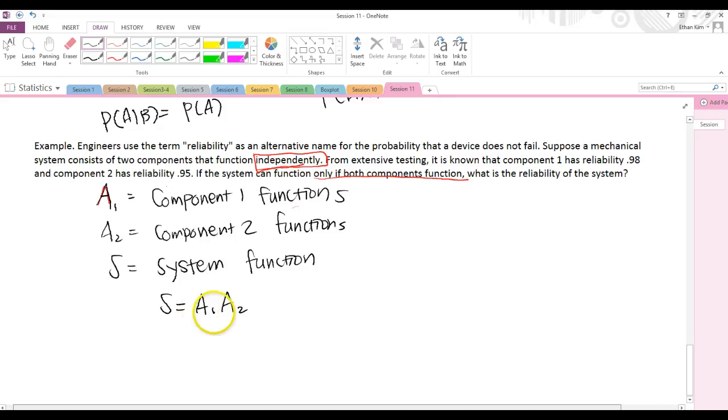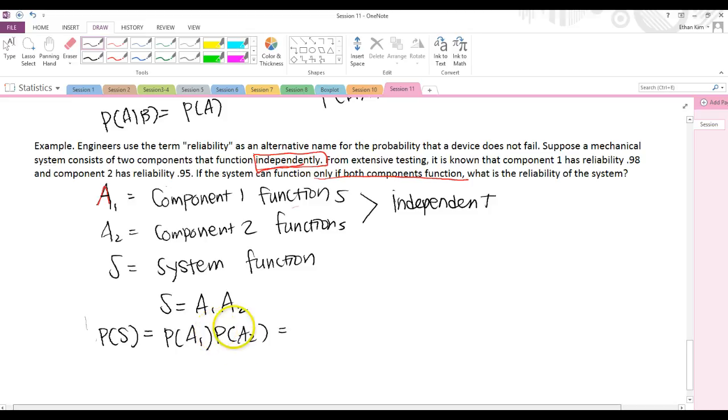And here we have the keyword independence. When each component operates independently, then these two events are independent as well. Now if we look at the probability of the system, this is just going to be the probability of A1 times the probability of A2, because these two are independent.